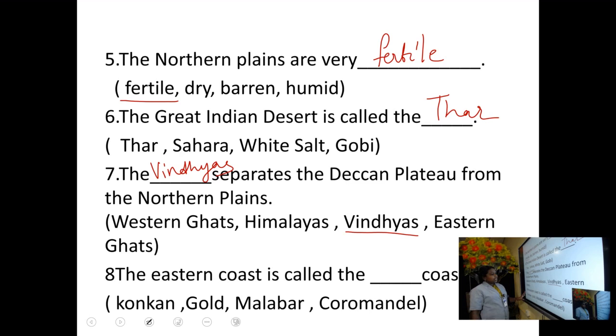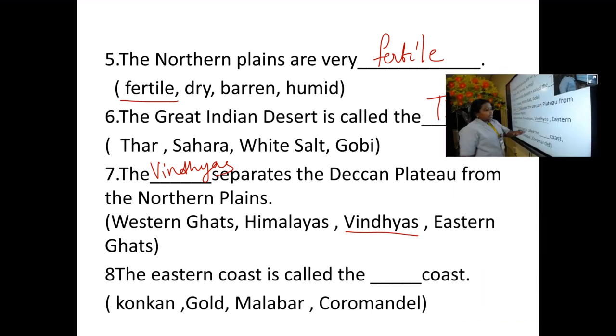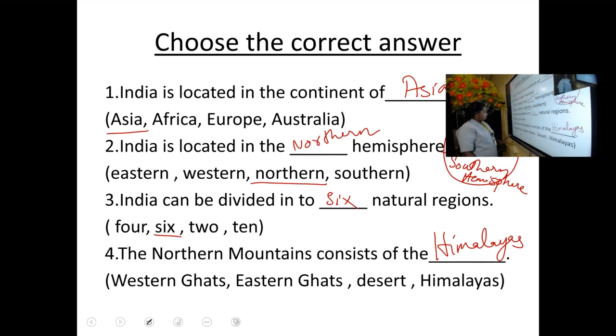Now the eighth one, the eastern coastal plain is called the dash coast. Konkan, Gold, Malabar, Coromandel. The eastern coastal plain is called the Coromandel coast.